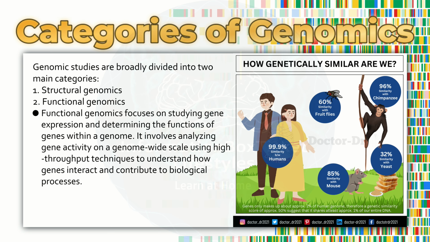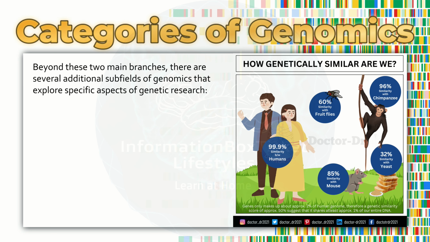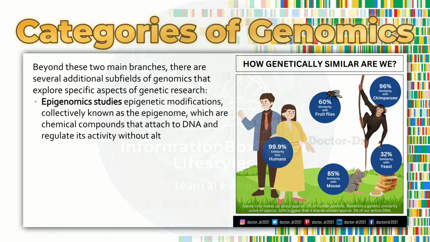It involves analyzing gene activity on a genome-wide scale, using high-throughput techniques to understand how genes interact and contribute to biological processes. Beyond these two main branches, there are several additional subfields of genomics that explore specific aspects of genetic research.